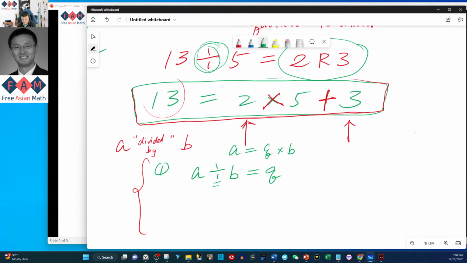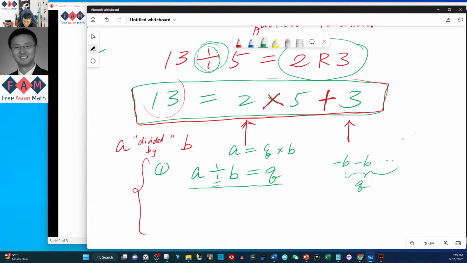The precise definition is that we repeatedly subtract B, and by performing this Q times, we'll go back to 0.